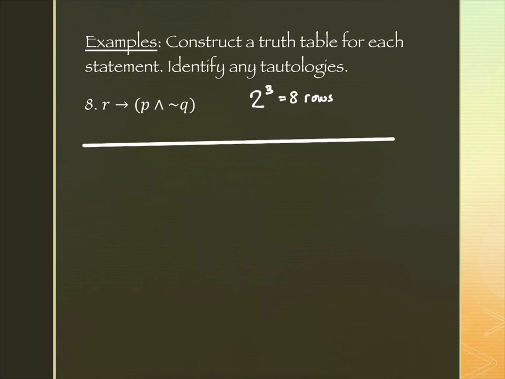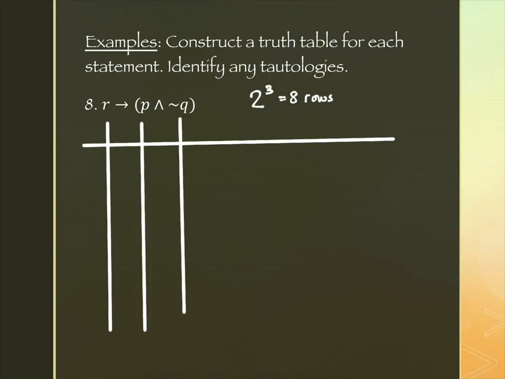So again, I'd go in order. PQR. Okay. We'll fill in PQR in a minute. Let's just do all of our column headers now. What else do I need? I need a negation of Q. Good.